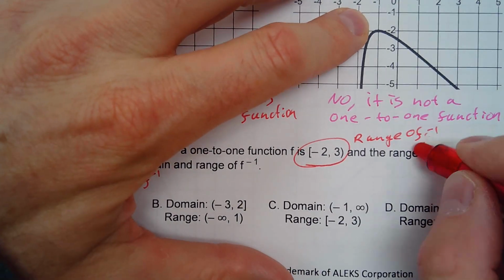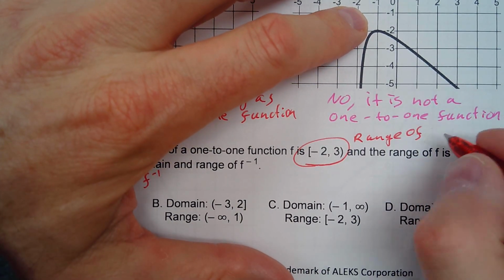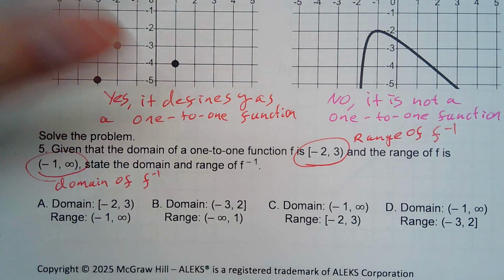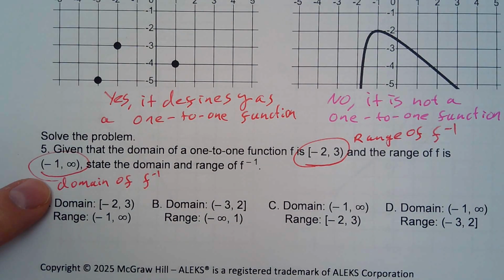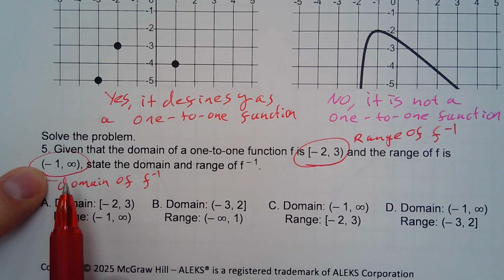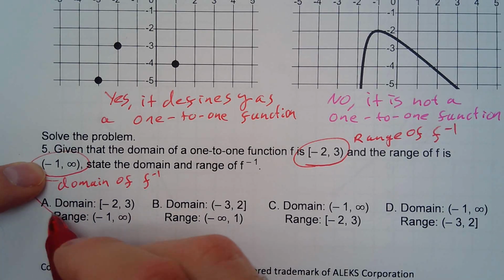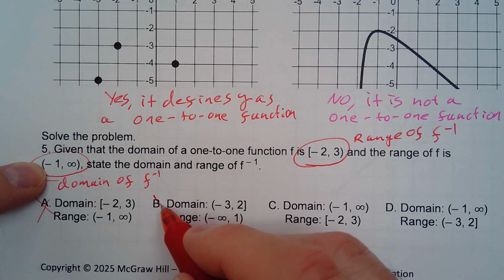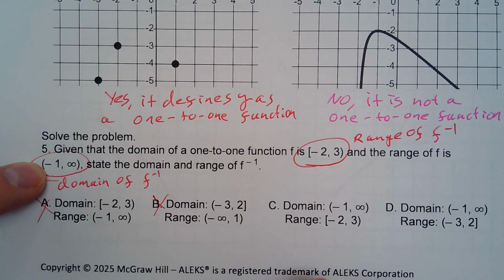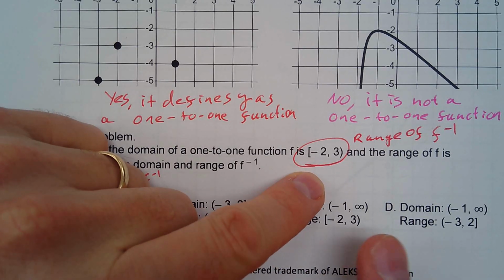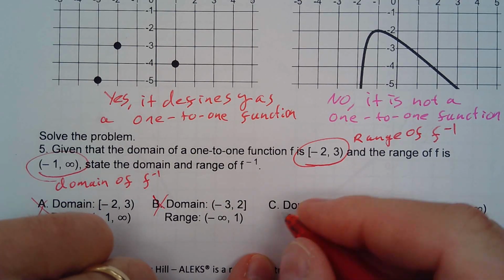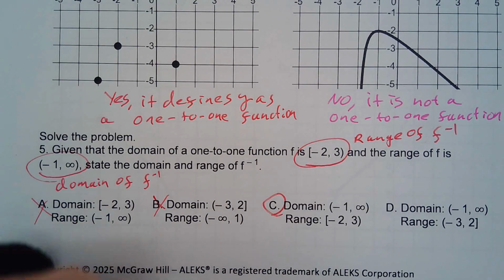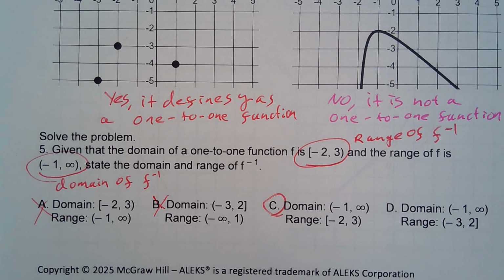See if I can write that a little bit better. All right, so I'm looking for a domain of this. Well, that eliminates A, and that eliminates B. Now I'm looking for this range, so it looks like it's going to be C. Keep in mind, when I'm writing this here, I'm not switching the x and y coordinates, because these are not coordinates, these are intervals.